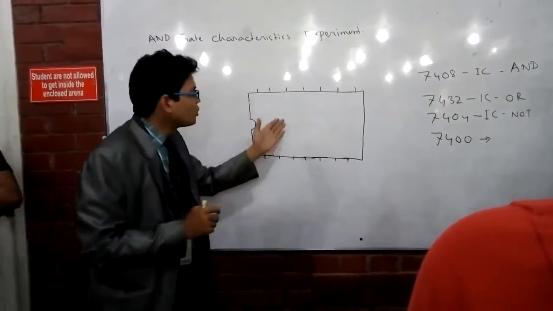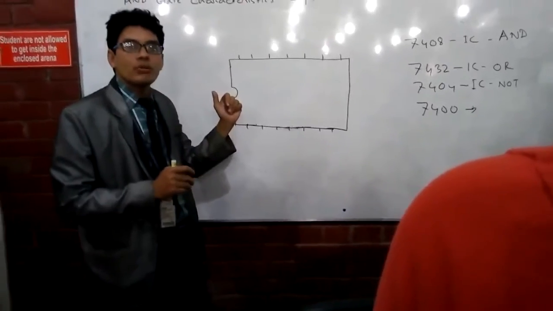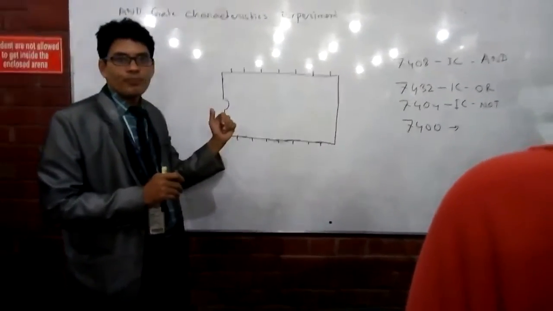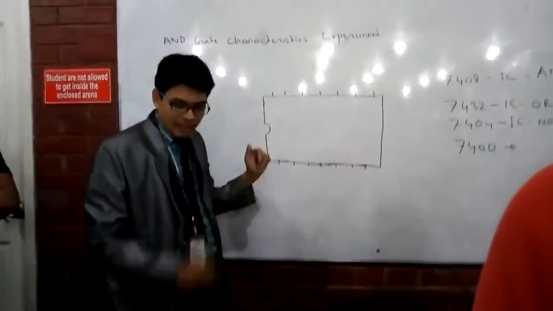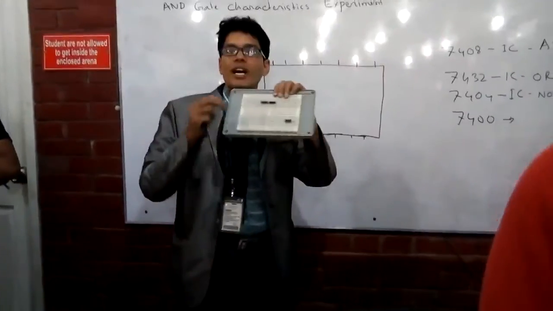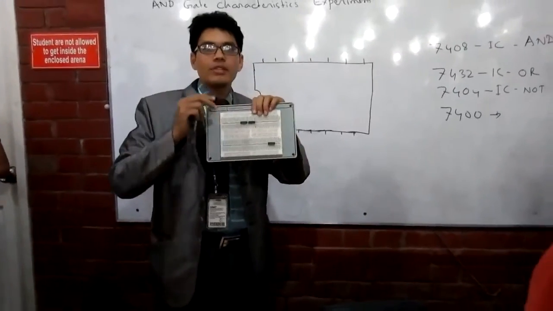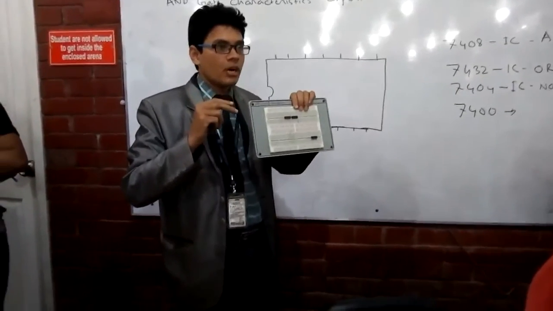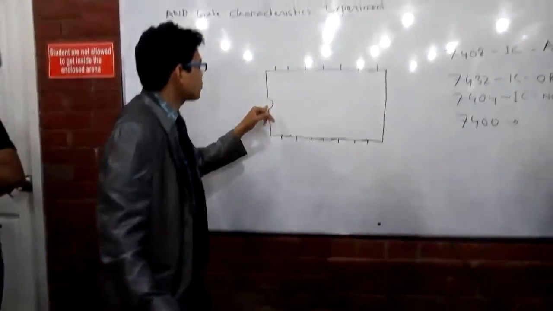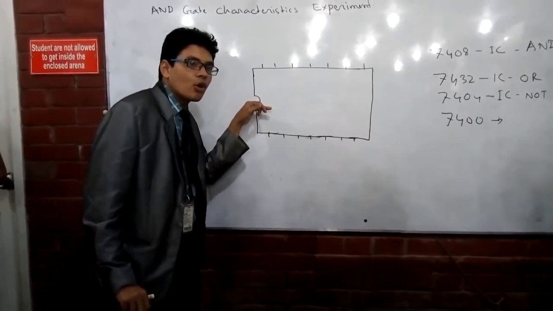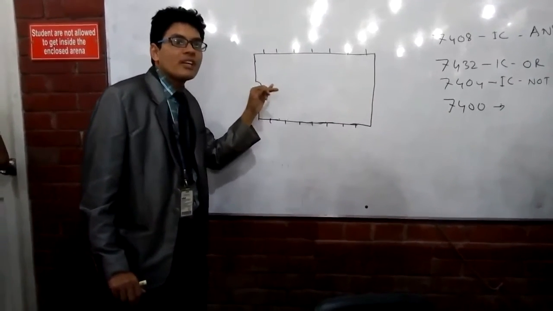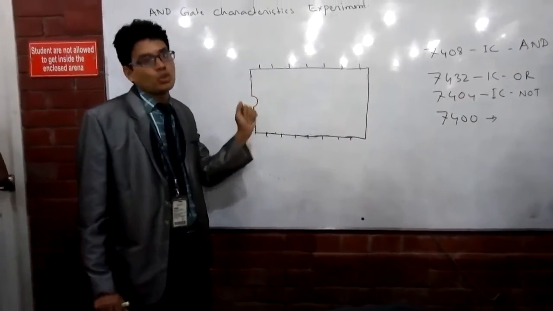Now, how would you know which pin is pin 1 or which is pin 2? There is no way of identifying this, because it is very small and you can hardly see the pins, and there is no number written on it. So they have left only this notch to tell you which pin is pin number 1 and which is pin number 2.